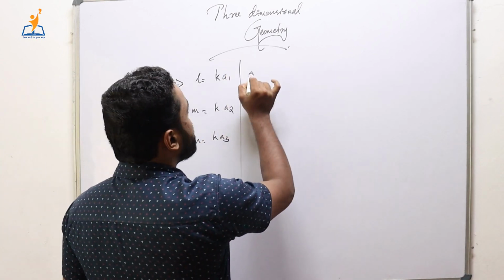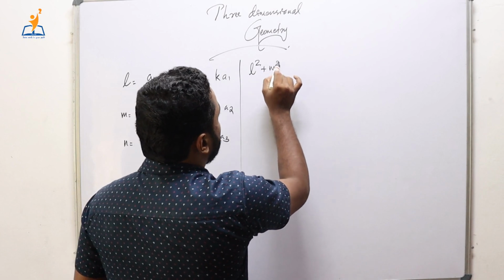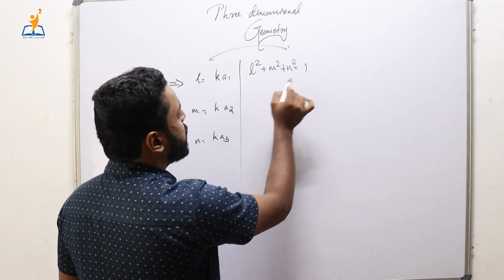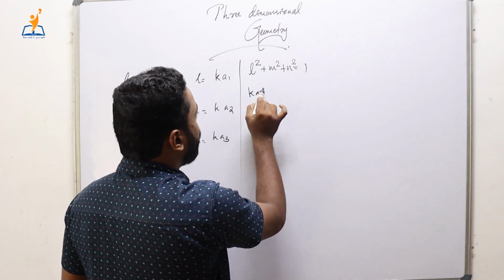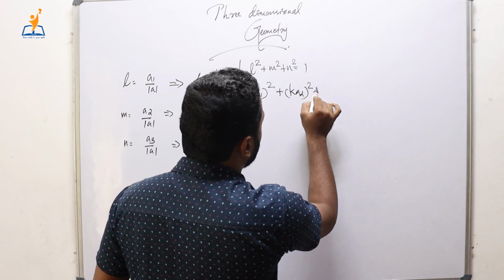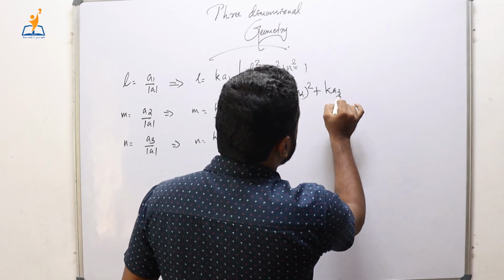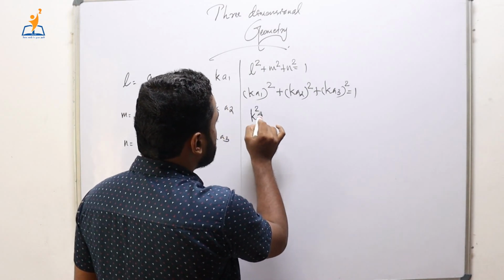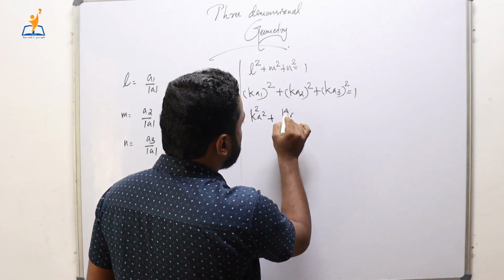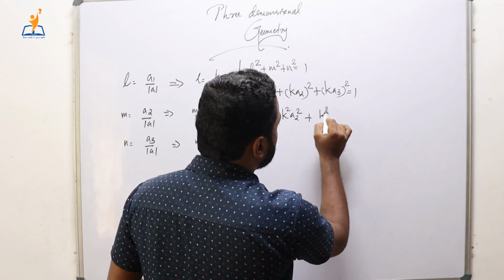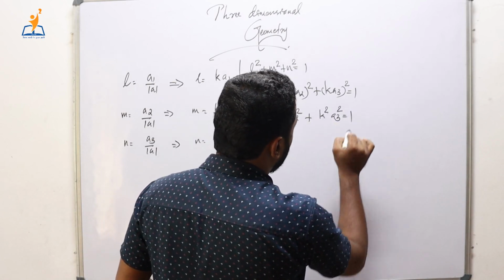Then we know that L square plus M square plus N square is equal to 1, right? So it is KA1 the whole square plus KA2 the whole square plus KA3 the whole square is equal to 1, which means K square A1 square plus K square A2 square plus K square A3 square is equal to 1.